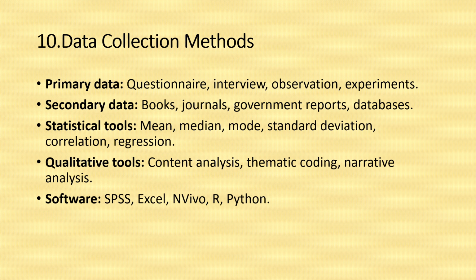Data collection methods. Primary data is first-hand data collected through questionnaire, interview, observation or experiments. Secondary data is basically derived from books, journals, government reports, databases, etc.